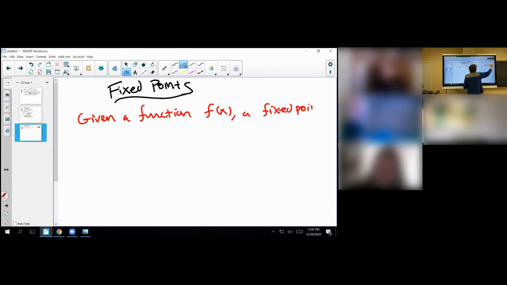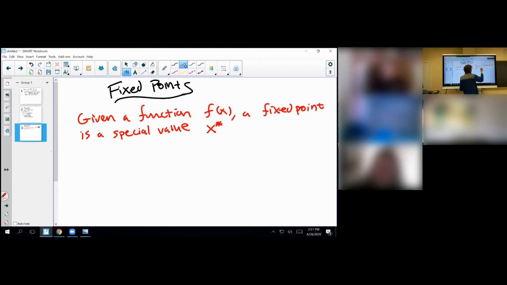and it can be more than one, there could be multiple fixed points, but a fixed point is a special value. I'm going to call it x star, just to indicate that it's not just any x.